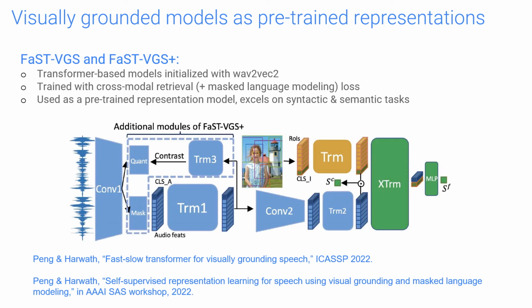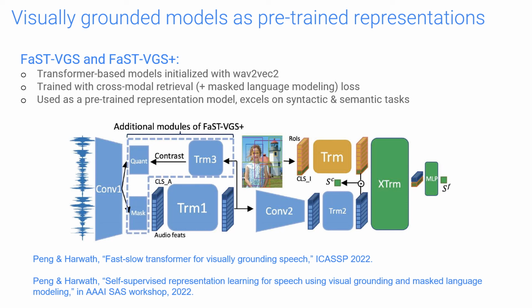Most recently, visually grounded speech models have been extended for use as generic pre-trained representations. For example, the model shown here is the FastVGS model and the related FastVGS Plus model, which I believe is the first transformer-based visually grounded model. And it's initialized with Wave2Vec2 parameters and then trained with a combination of a cross-modal retrieval loss and a masked language modeling loss.